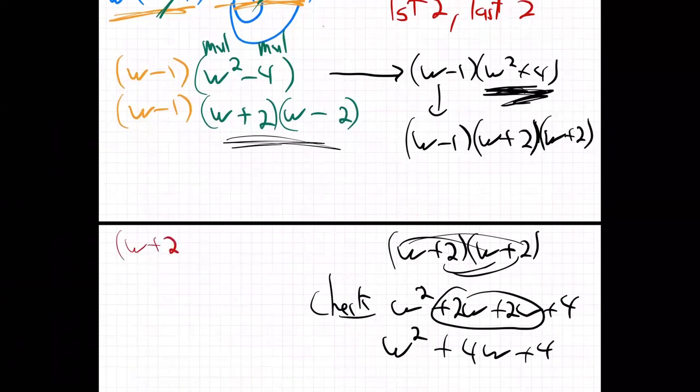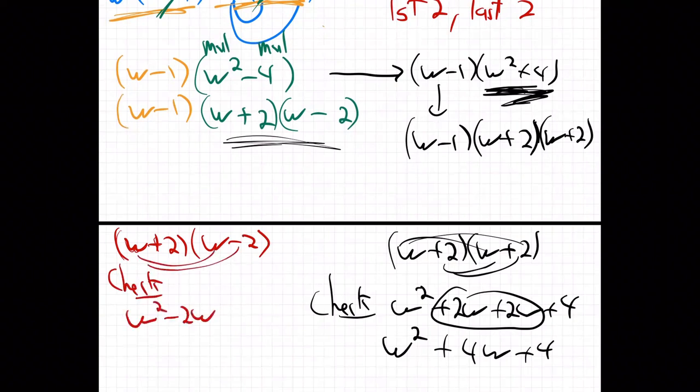So W plus 2, W minus 2. If we check it over here, first to both, W squared minus 2W, second to both, plus 2W minus 4. See, these cancel in the middle. And it is W squared minus 4. It is correct. You see that?